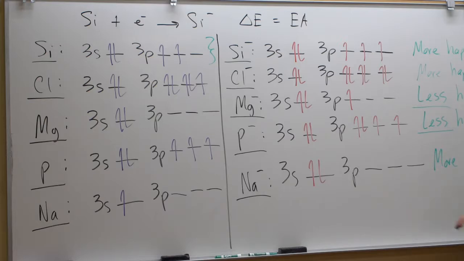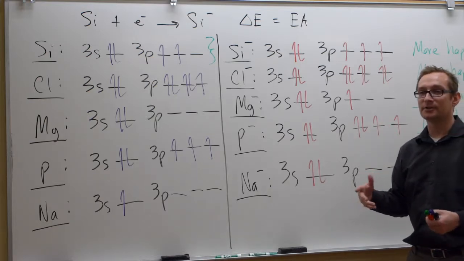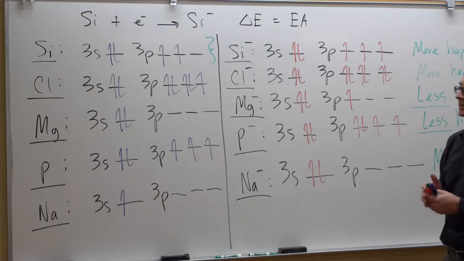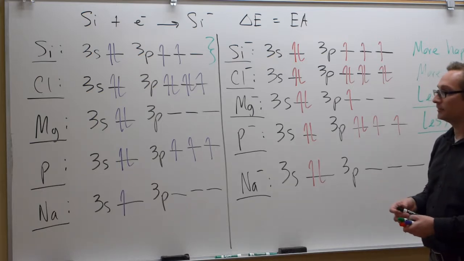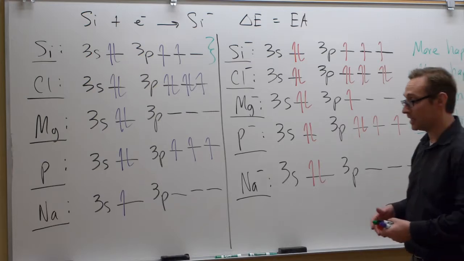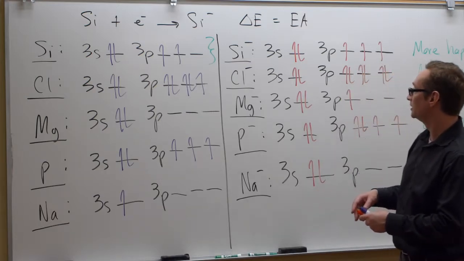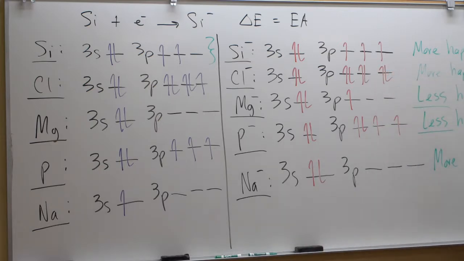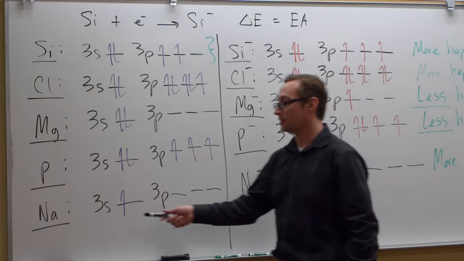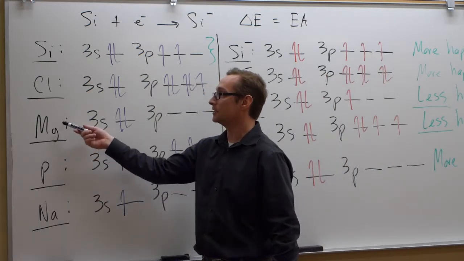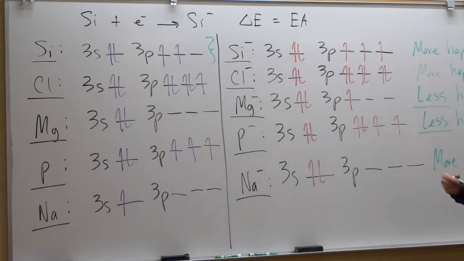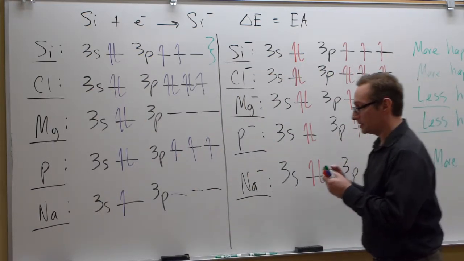Now in general, as you go across a row, the electron affinity will increase. But when you have neighboring atoms in the row, this is where the nuance comes in with the half shell, full shell concept. So if we just wrote a general trend, going from less to more: if you look at the row, it goes sodium, magnesium, then silicon, phosphorus, and chlorine in that order. That's just the order in the row. So normally, let me write it over here.